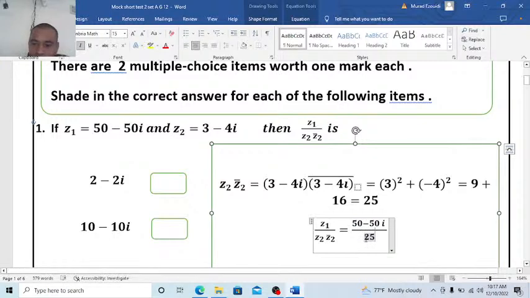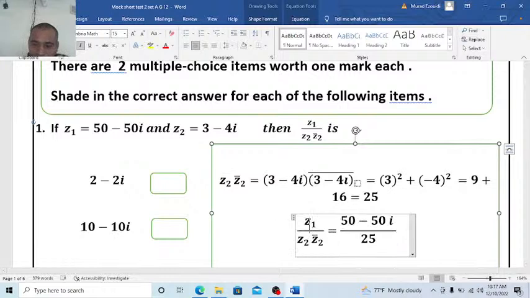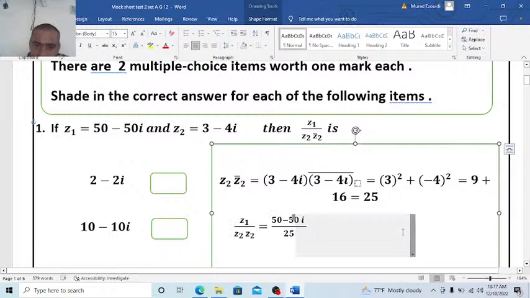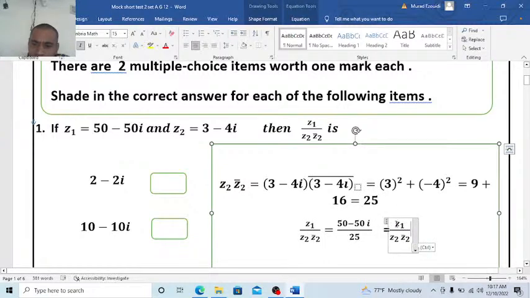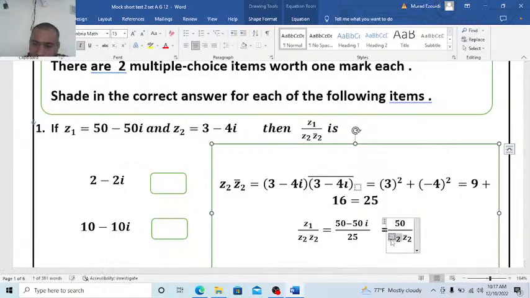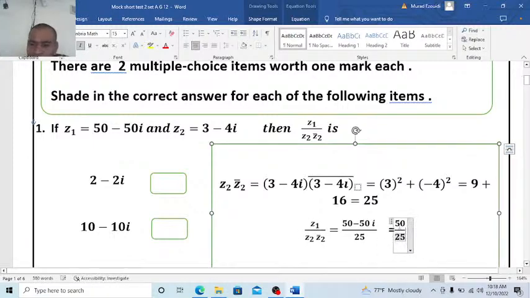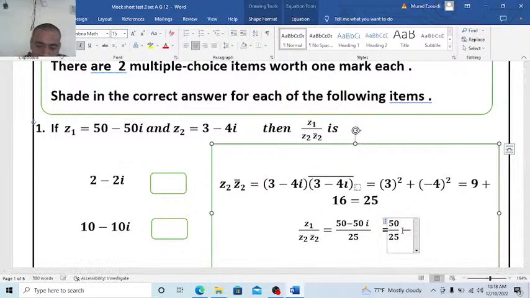Therefore this is equal to 50 divided by 25, then minus 50 divided by 25i.